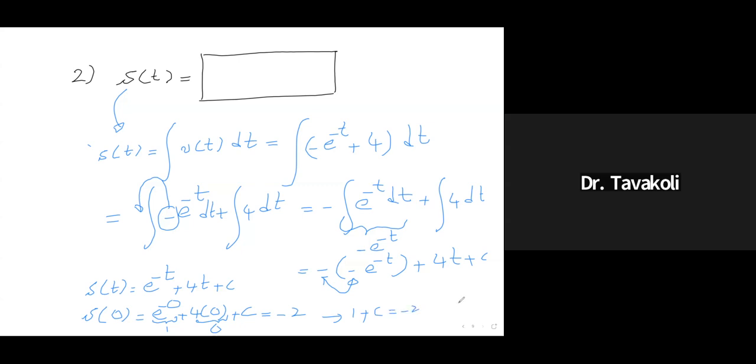In other words, c is negative 3. So s of t is going to be e to minus t plus 4t minus 3.